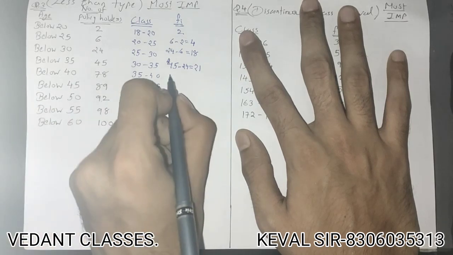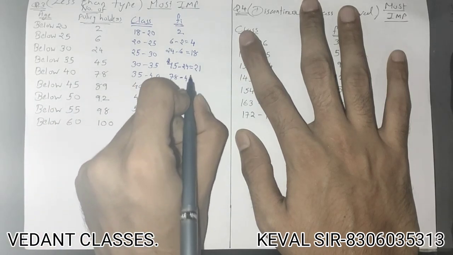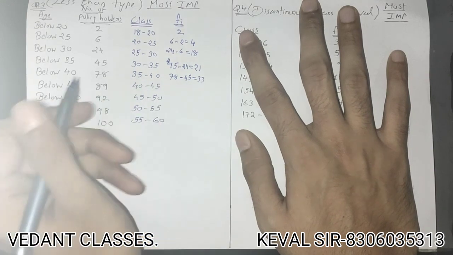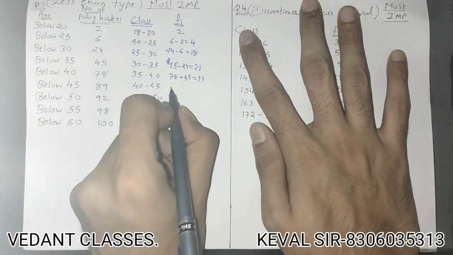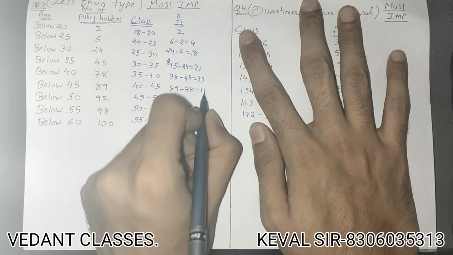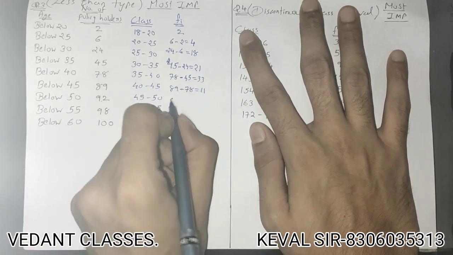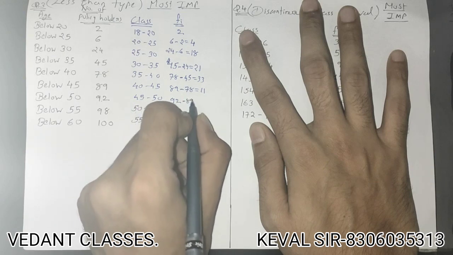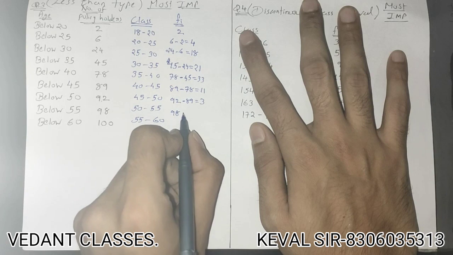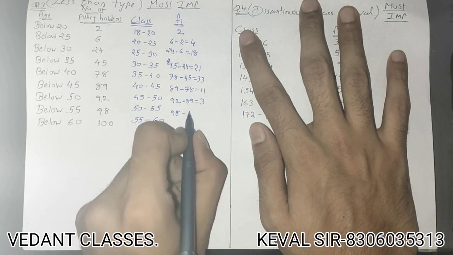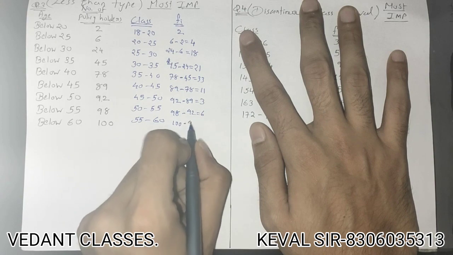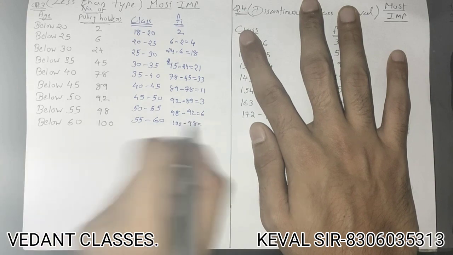Then 78 minus 45, so this will be 33. Then 89 minus 78, this has to be 11. Then 92 minus 89, so this will be 3. Then 98 minus 92, so this has to be 6. And then 100 minus 98, and this will be 2.